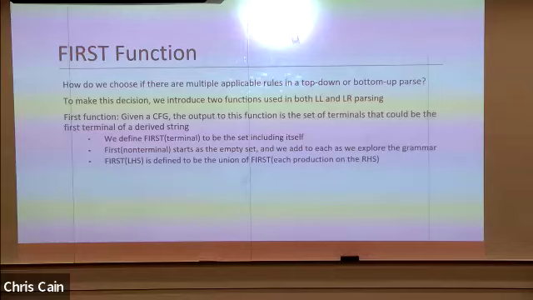I guess these rules are pretty important. So first of any particular non-terminal starts with just the empty set. And as we explore the grammar and continue this process, we can union that with the first of elements of it to be able to get the first of that non-terminal.